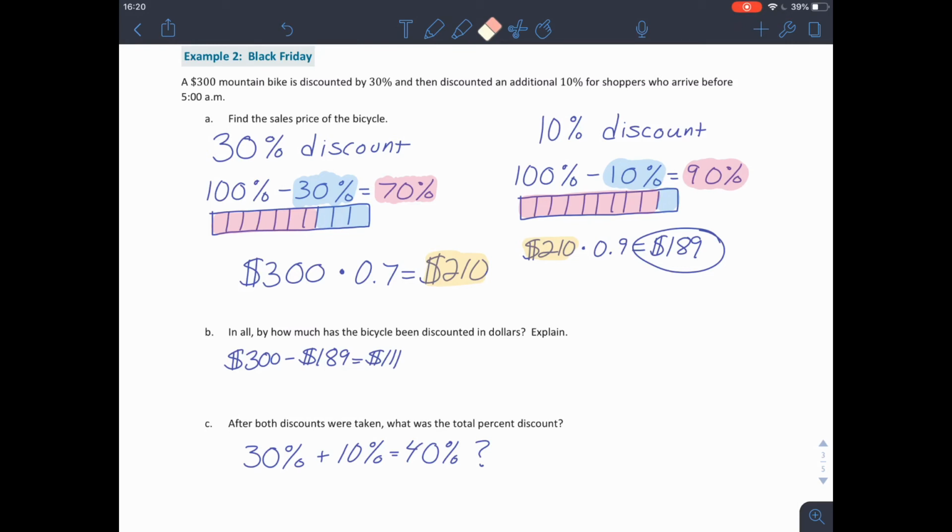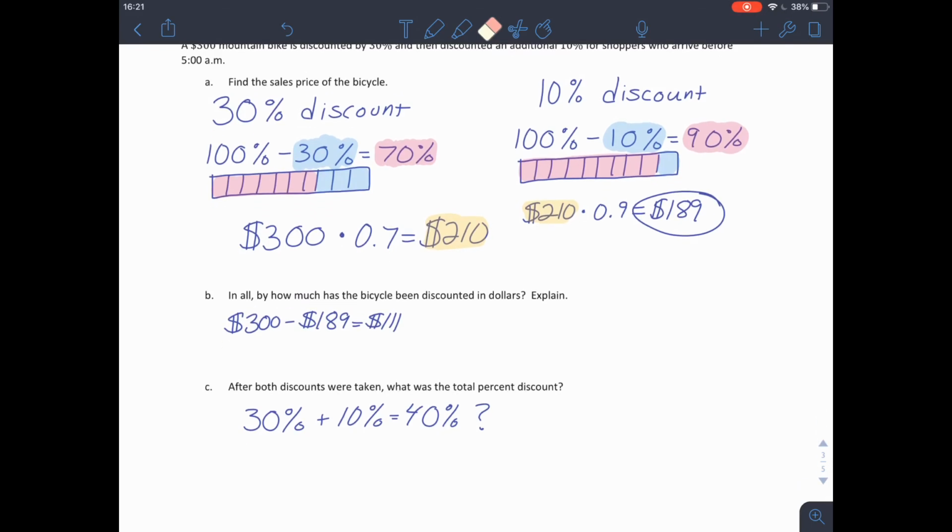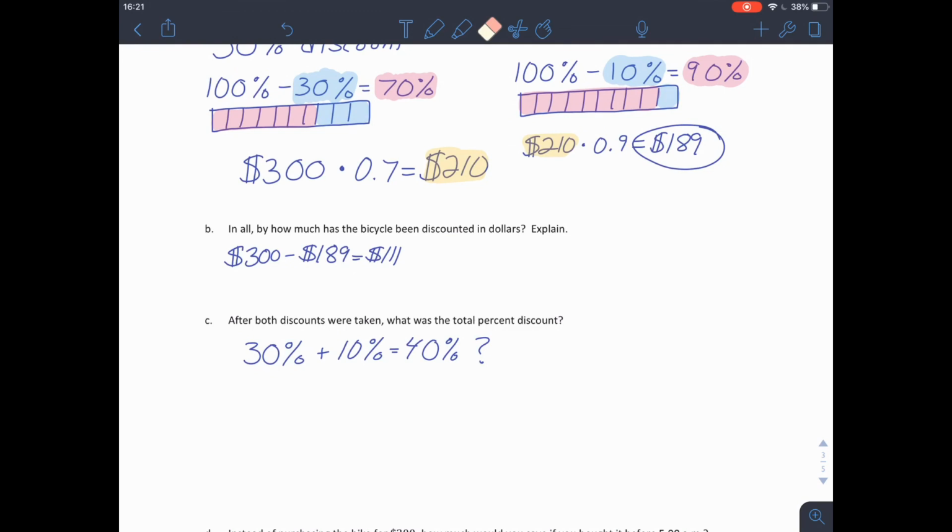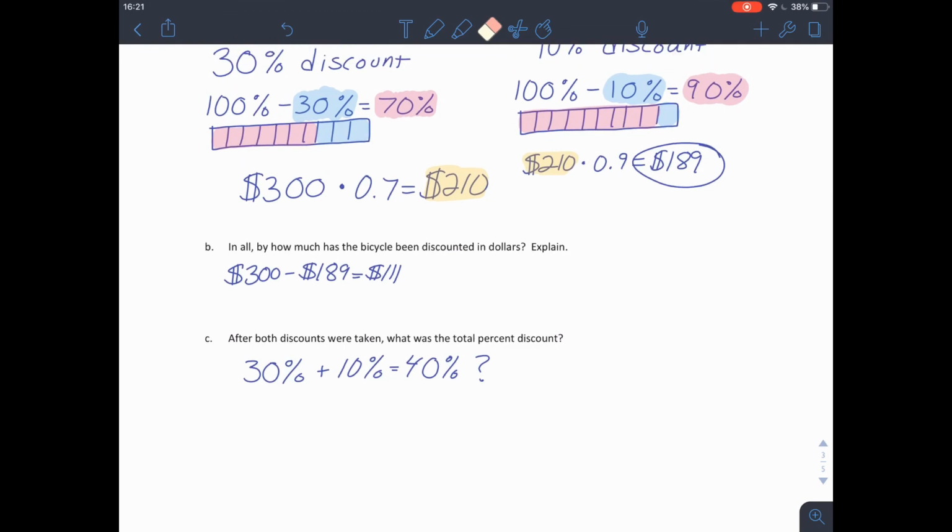Now you might be sitting here and saying, all right, so we had a 30% discount, we had a 10% discount. Why isn't that just 40% off? Why couldn't I have just combined those together and then found it that way? Well, let's see. Since we had to take the 30% off first and then take off the 10% from what remained, we know that our amount of discount here was $111 that got taken off of the bike, and it used to be $300.